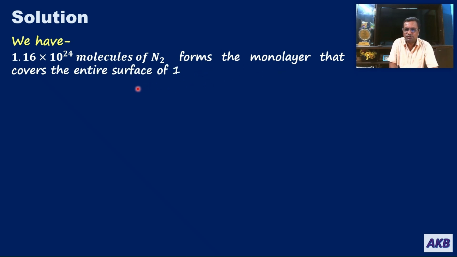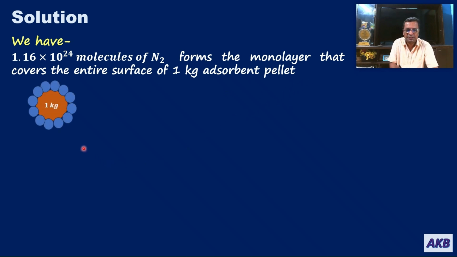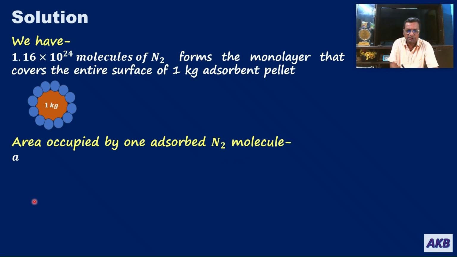These molecules form the monolayer that covers the entire surface of 1 kg of adsorbent pellet. The number of these blue colored nitrogen molecules is 1.16 into 10 to the power 24. The area occupied by one adsorbed N2 molecule is given to us.